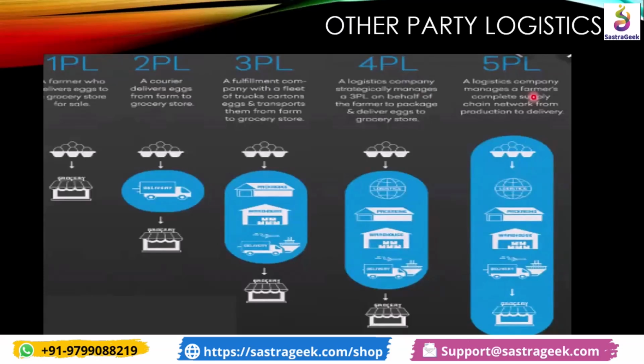Because ultimately my transportation is happening over here in 2 and 3PL, right? I'm just including a fourth partner to improve my inefficiencies, or a fifth partner to maybe scale my business. But ultimately, my transportation is still being carried out by the same people.